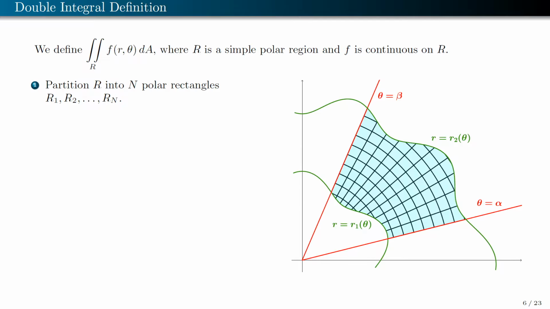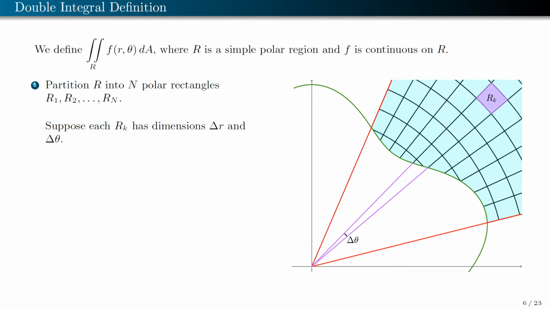Let's say merong n na polar rectangles. Okay, then suppose din natin na bawat polar rectangle, ang dimensions niya ay delta theta tsaka delta r. So delta theta is just this angle na ginagawa ng polar rectangle. Okay, tapos delta r is this length. Okay, makita natin sa next figure.